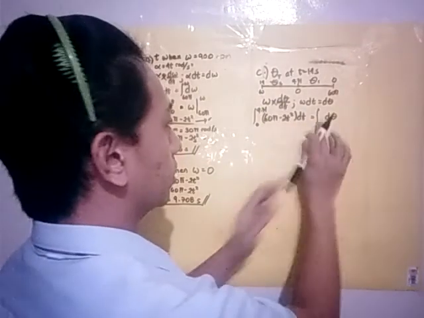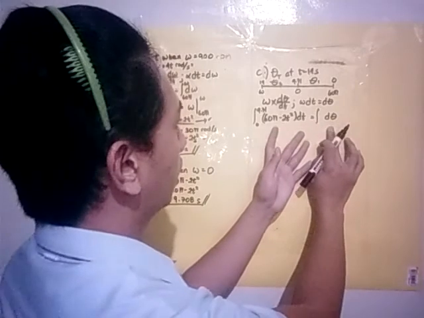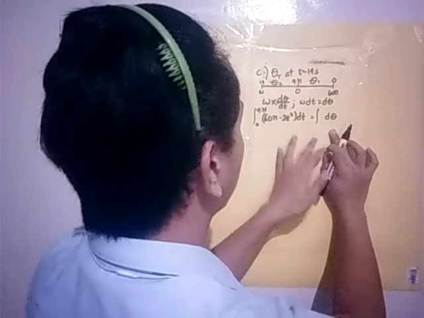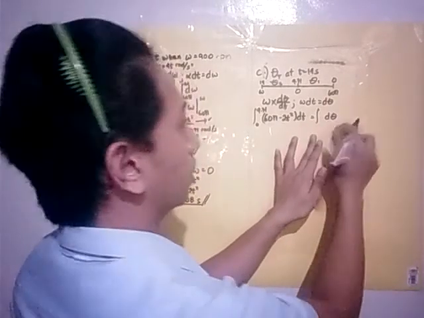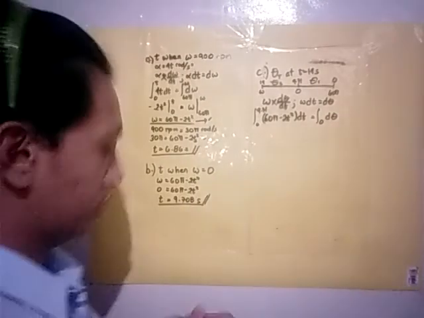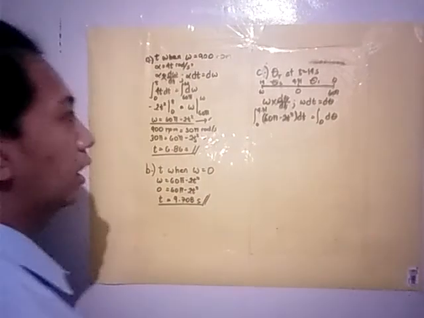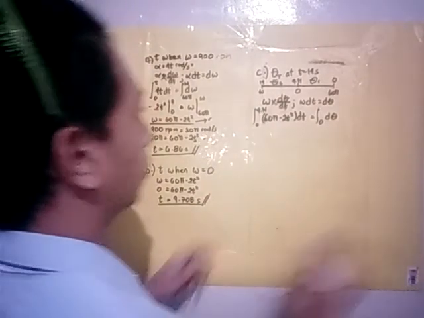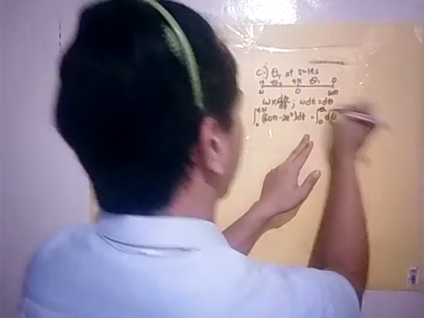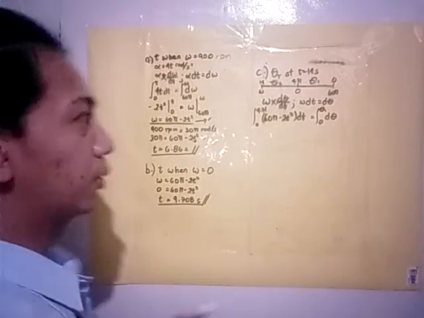When our time is equal to 0, our rotation is 0. Why? Because it has not yet counted any revolution. At time 9.71, we get our theta 1.